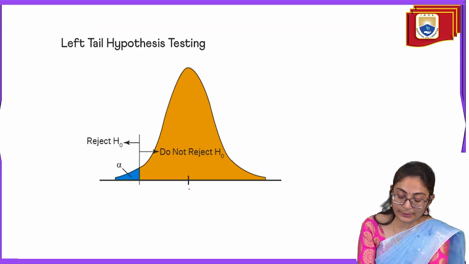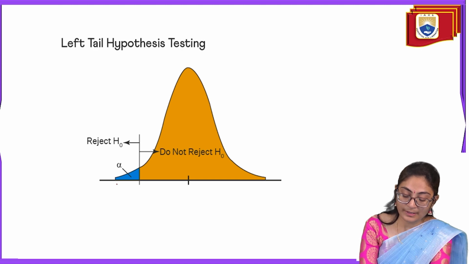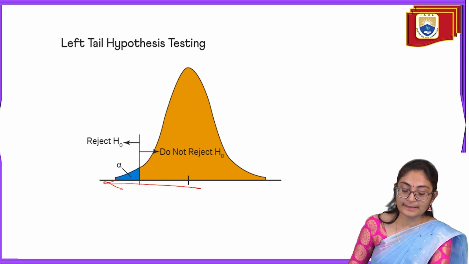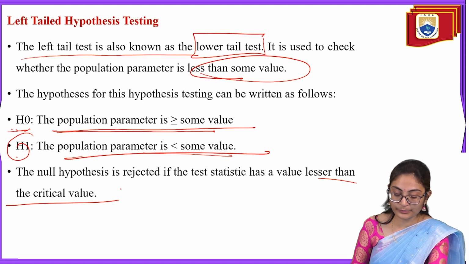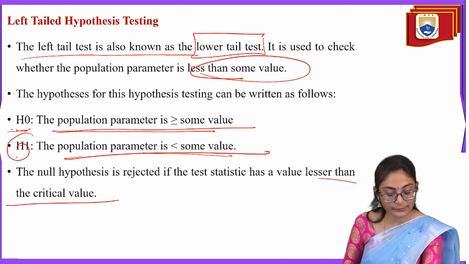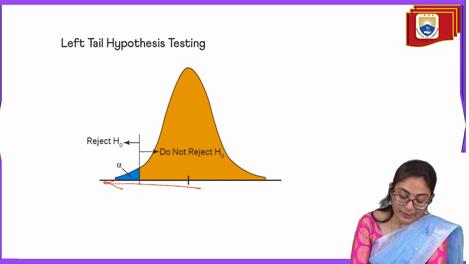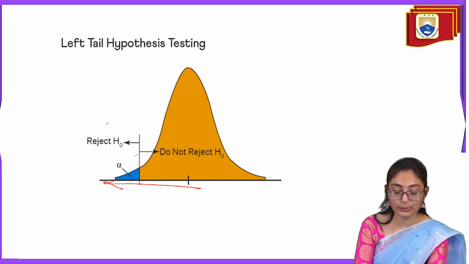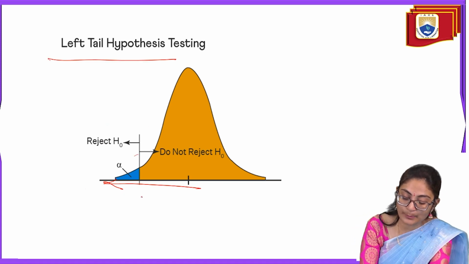So you can see that your test statistic value is lesser than your critical value. That's why we have to reject the null hypothesis, and this is your left tail hypothesis testing.